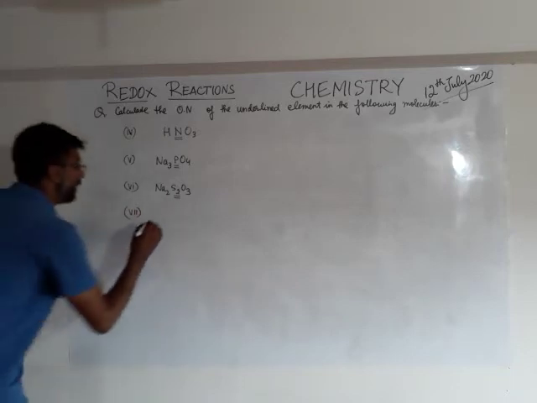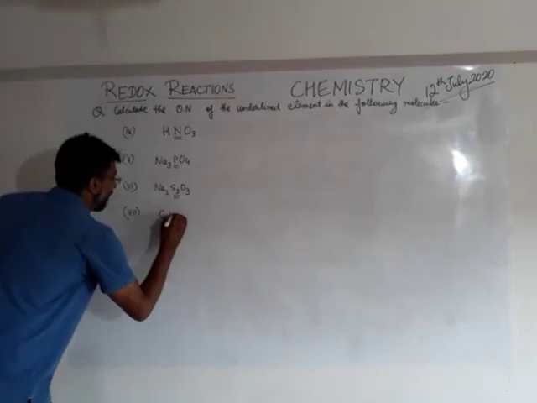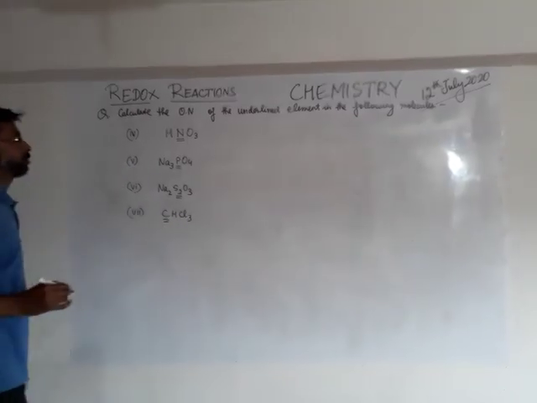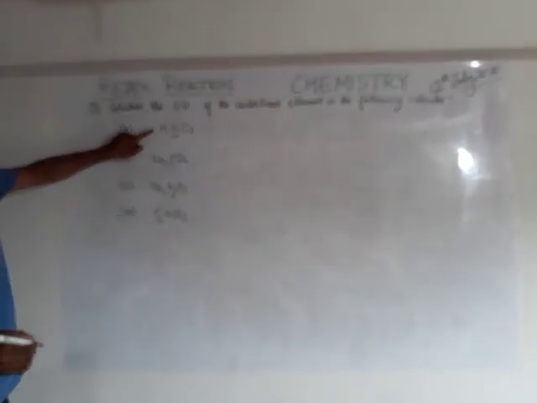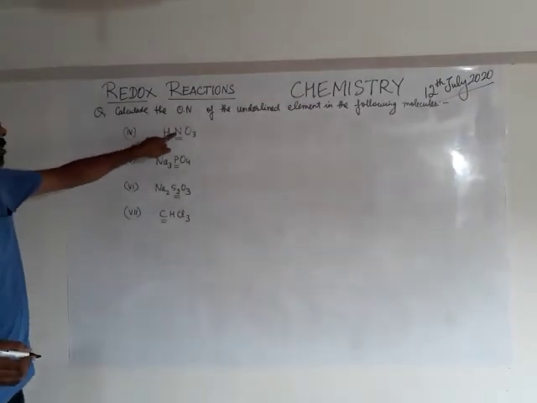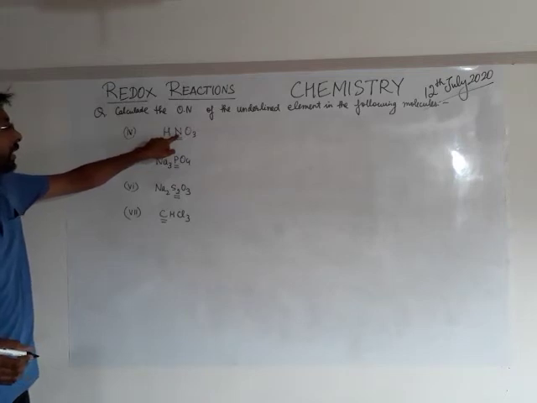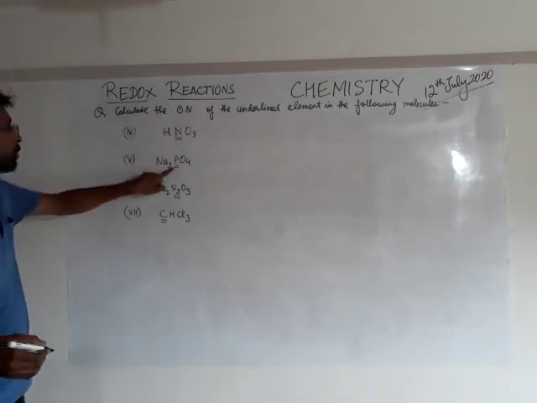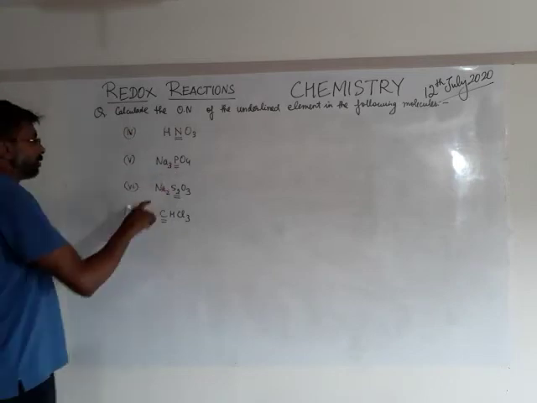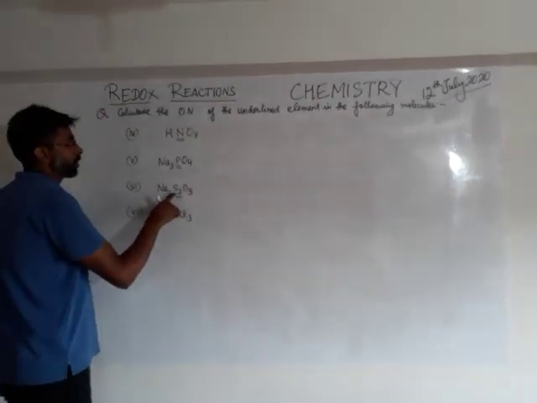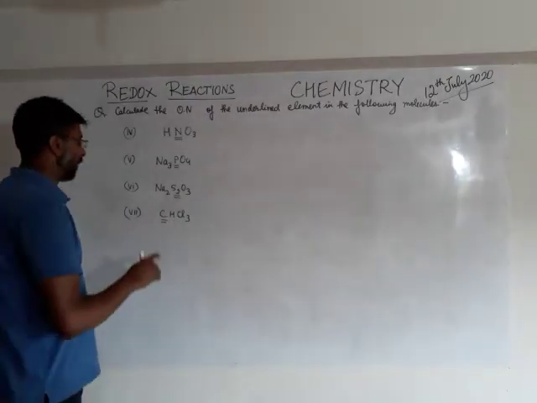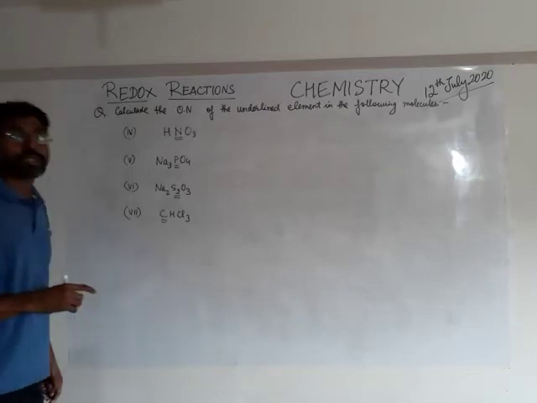The next one is CHCl3, and here the underlined element is carbon. So, in nitric acid, the oxidation number of nitrogen is to be calculated. In trisodium phosphate, the oxidation number of phosphorus is to be calculated. In sodium thiosulfate, the oxidation number of sulfur is to be calculated. CHCl3 is nothing but chloroform. The oxidation number of carbon is to be calculated.